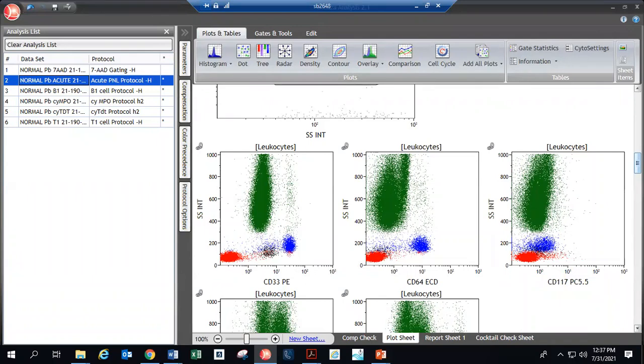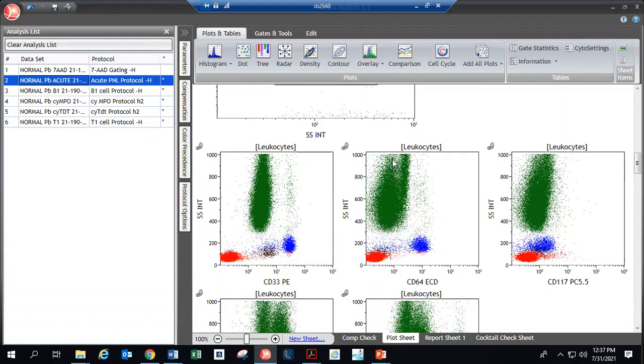How do you decide? These are the things that I worry about. Like, is it going towards some abnormalities? Is there some immaturation coming up, where one plot is normal and another plot is kind of spreading? When you have hypogranular neutrophils, you will have more neutrophils with low side scatter because they don't have granules.